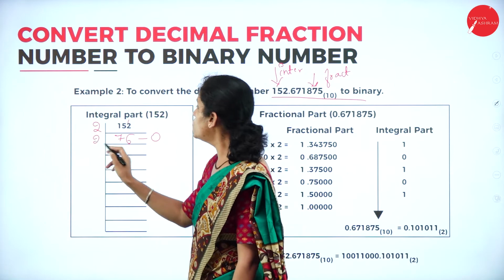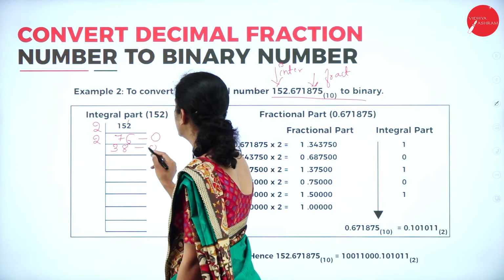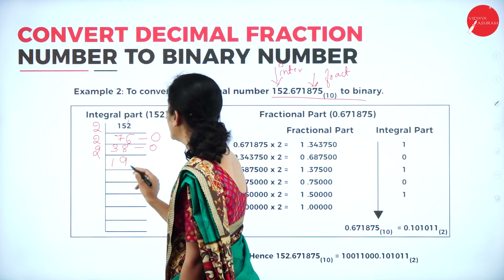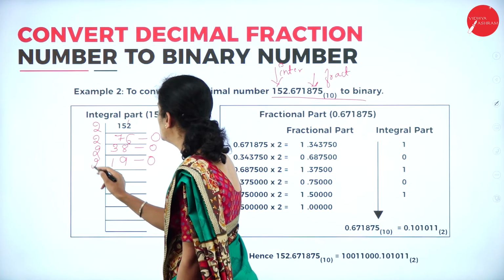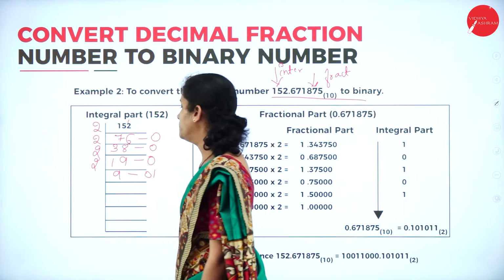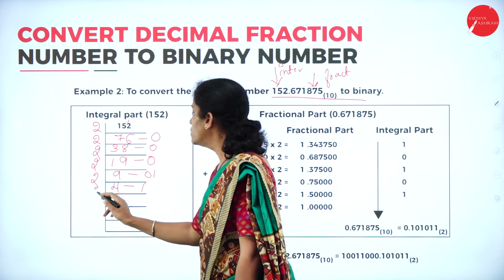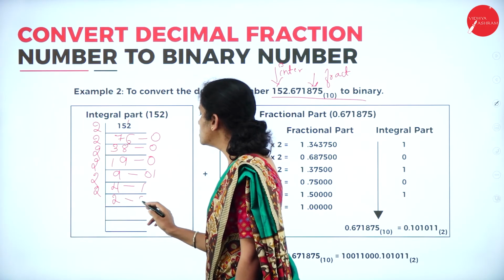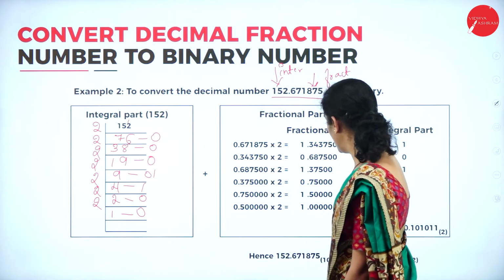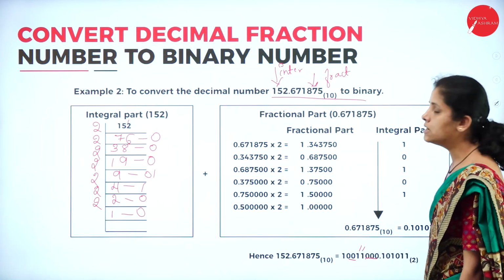Now 2 threes, 2 eights are 0. 2 ones, 2 nines are 18, 0. 2 nines are 18, 0, 1. 2 fours are 8, 1. 2 twos are 0. 2 ones are, and it is 0. And what is the value here? It is 1, 0, 0, 1, 1 and 3, 0.